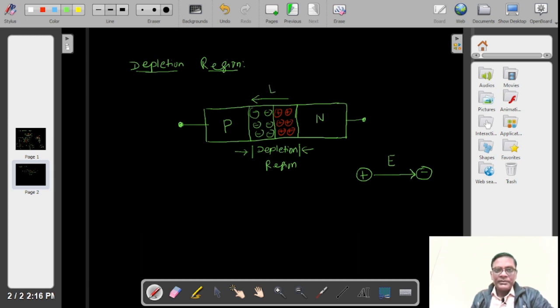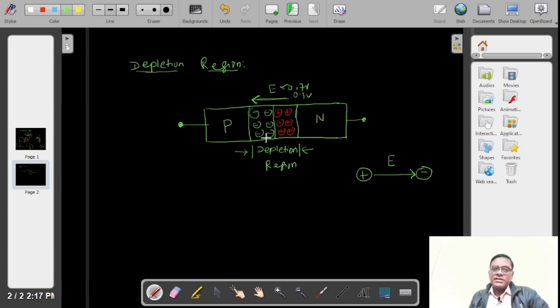That electric potential will be approximately 0.7 volt in the case of a silicon structure, and approximately 0.3 volt in the case of a germanium structure. We say approximately, not exactly, because that also depends on temperature. Now if we need to operate this device, the PN junction diode, we have to apply a potential against this electric field which is developed across the junction.